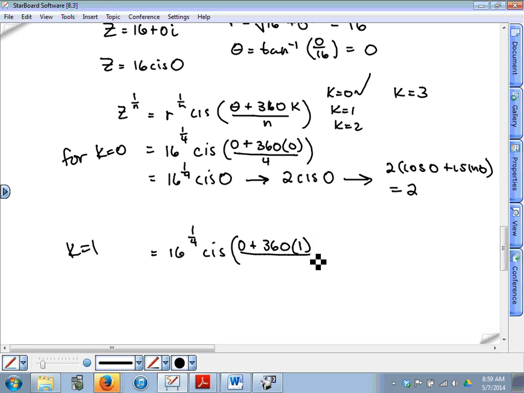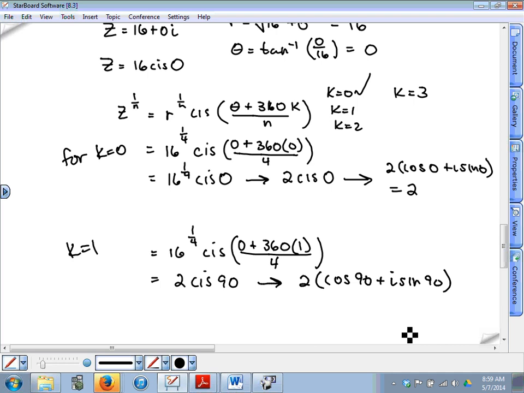Multiply it by 1 over 4. This equals 2 CIS. I have to take 360 divided by 4. What do we get? 90. That's the same as 2 times cosine 90 plus I sine 90.